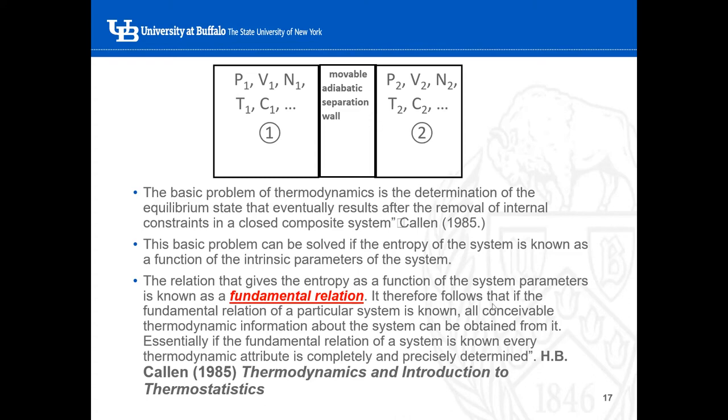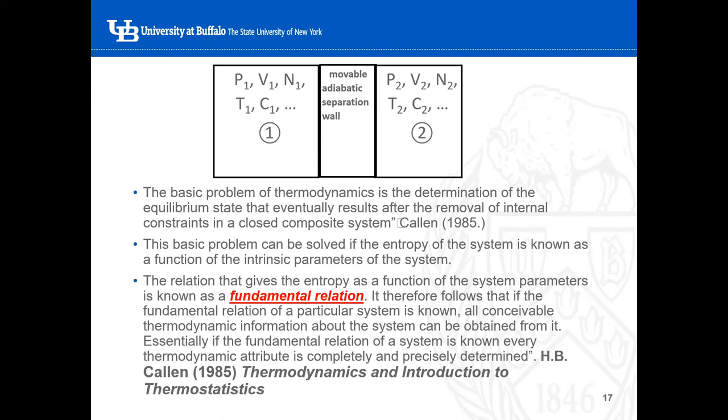Therefore it follows that if the thermodynamic fundamental relation of a particular system is known, all conceivable thermodynamic information about the system can be obtained from it. Essentially, if the fundamental relation of a system is known, every thermodynamic attribute is completely and precisely determined, from Callen's 1985 textbook.